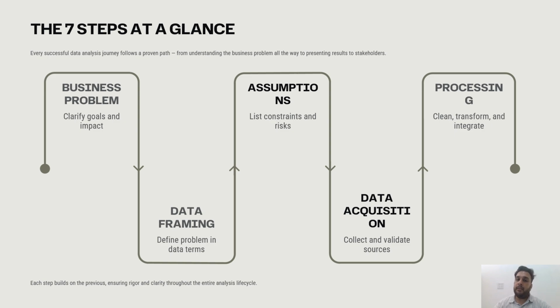And after that, we do data pre-processing, also called data processing, which means we clean, transform, and integrate the data because we are collecting the data from multiple sources, and obviously we need to combine it in a single place. It is also important to understand that collecting the data doesn't guarantee that we'll get all the necessary data. Sometimes we get duplicate data, sometimes we get missing values.